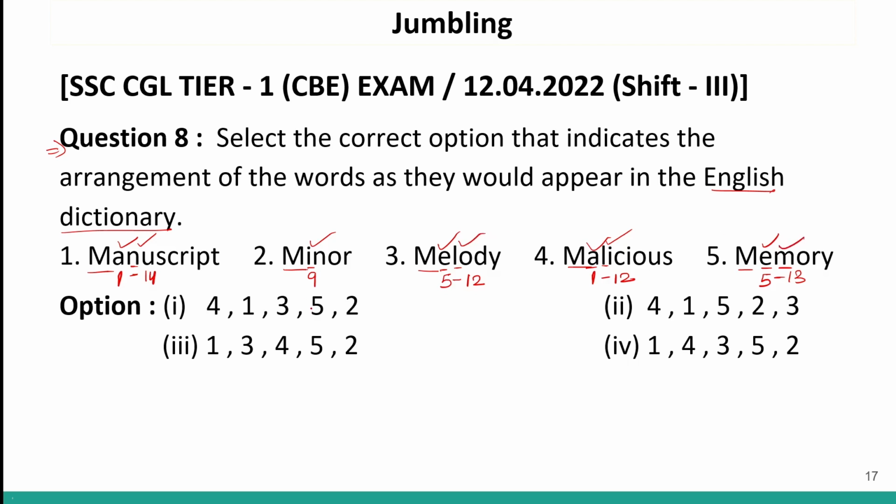So the correct order will be, the first word will be malicious. Malicious means that you have bad intentions. Okay. Then manuscript. Then we will have melody.